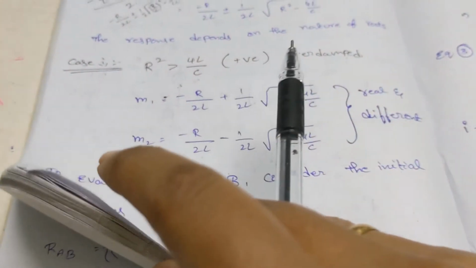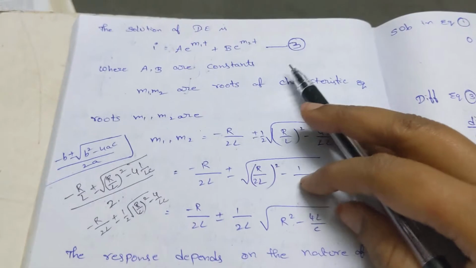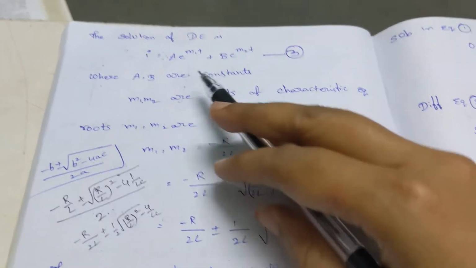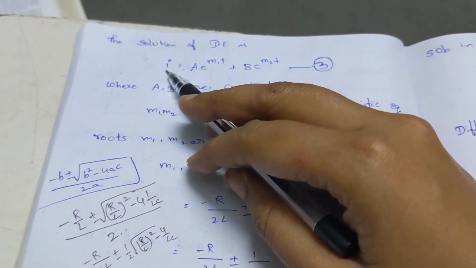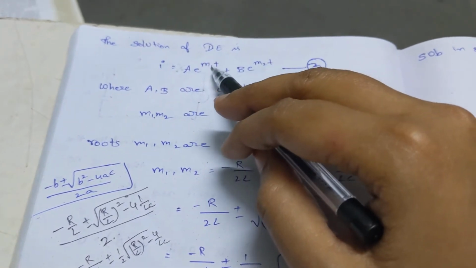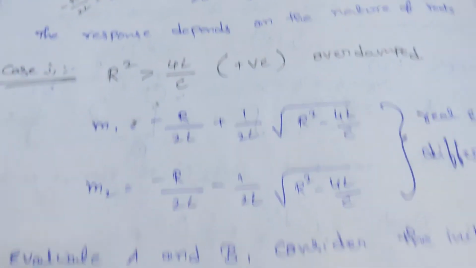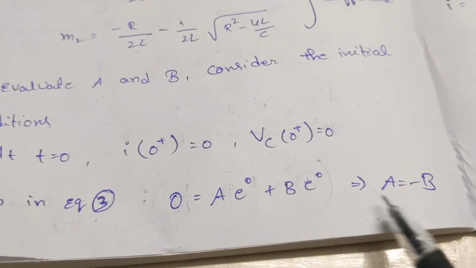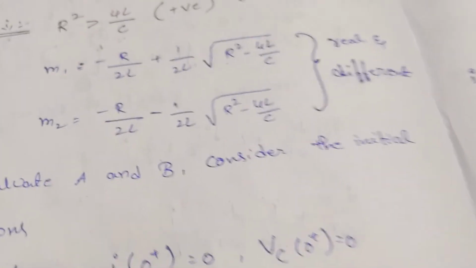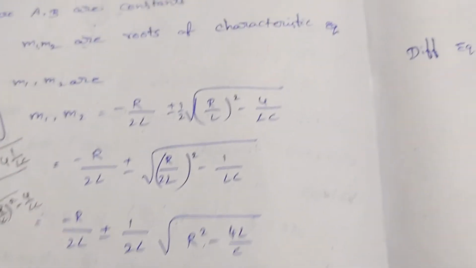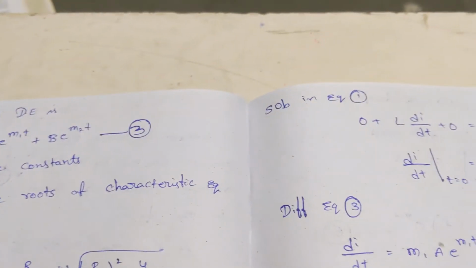Substitute these values in your differential equation. We know that I of t is 0 at time t equals 0. So simply replace those terms and you can find that a is nothing but minus b.